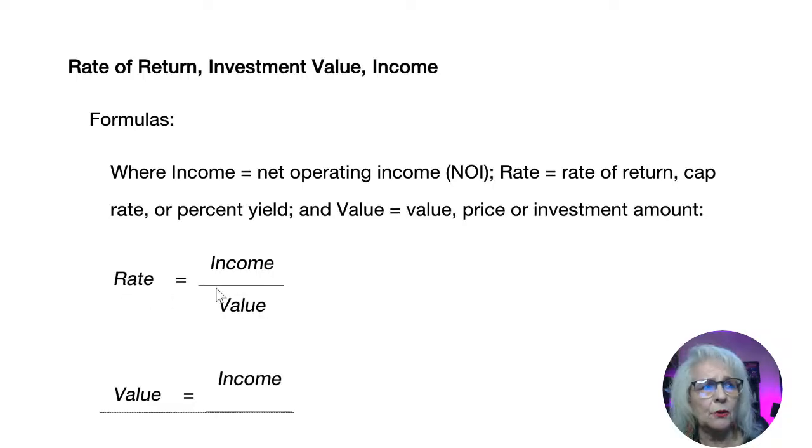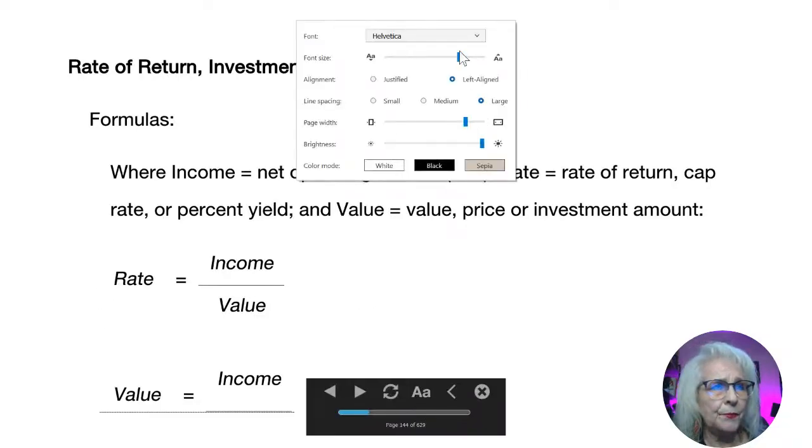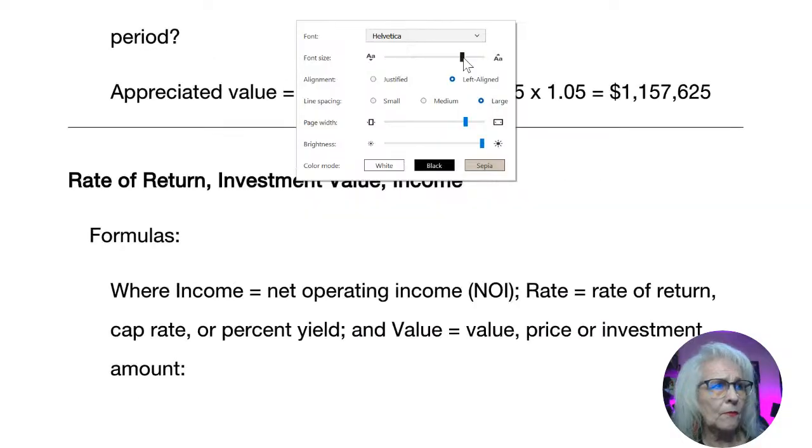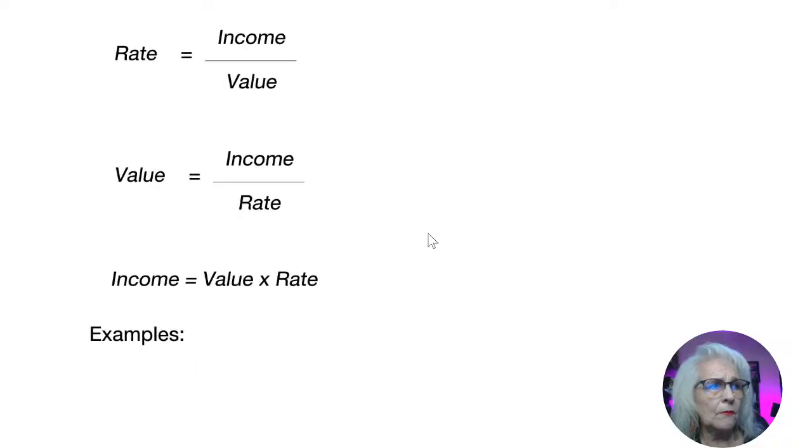So rate equals income divided by the value, right? We're getting a percentage. And value equals income divided by rate. They're just rewriting this formula, solving for a different factor. They move the value to the other side of the equation, and the rate came in place of value.